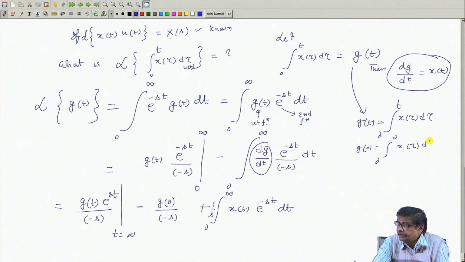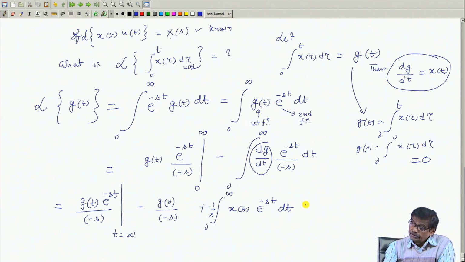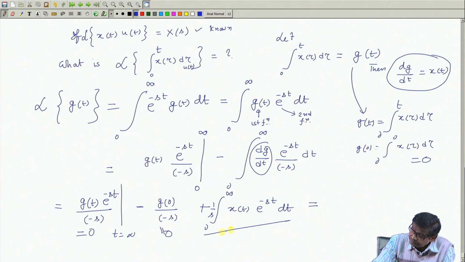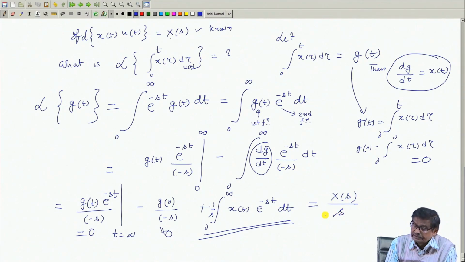Any function integrated with the same limits gives 0. So this term is 0 because e to the power minus sigma t goes to 0 as t tends to infinity, and this term g(0) is 0. You will be left with only this term, and by definition, the integral of x(t) e to the power minus st dt is nothing but X(s). So X(s) by s.